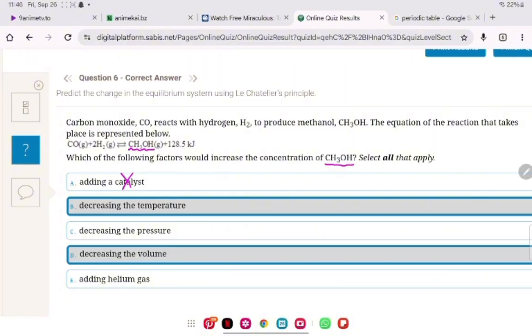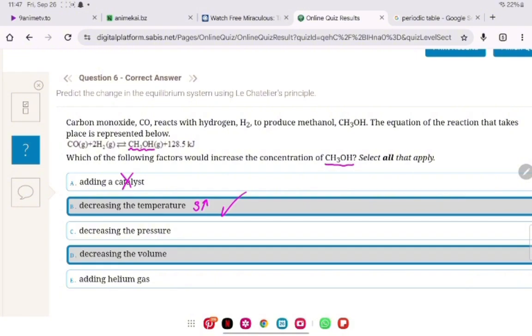Decreasing the temperature: if they decrease the temperature, the system will try to increase the temperature. So this is the temperature. If you're going to increase it, you're obviously going to move forward. So moving forward will increase the concentration of CH3OH. So this is correct.